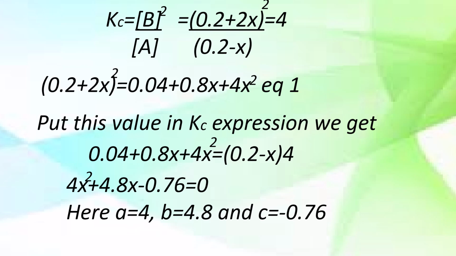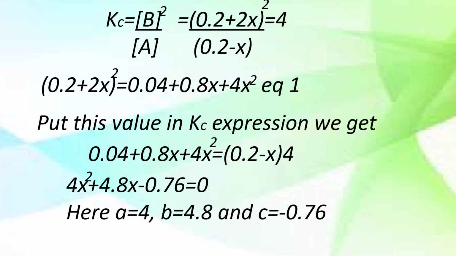This is equation 1. Now put this value in the Kc expression, we get 0.04 plus 0.8x plus 4x square is equal to (0.2 minus x) into 4.